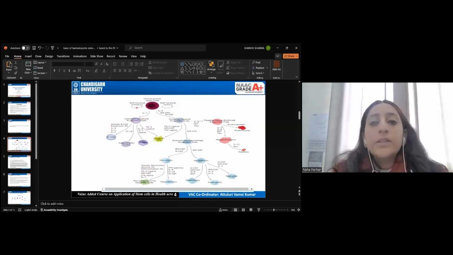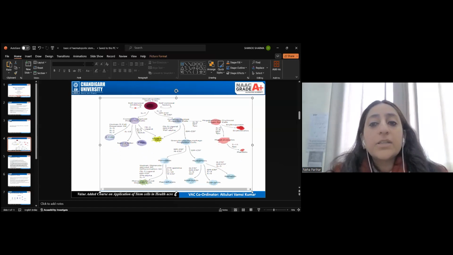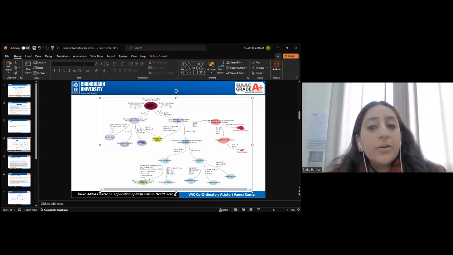Both of these help in the formation of the new progenitor cells. Those progenitor cells, with the presence of thrombopoietin and interleukin 6 and interleukin 7, 3, give rise to megakaryocytes.